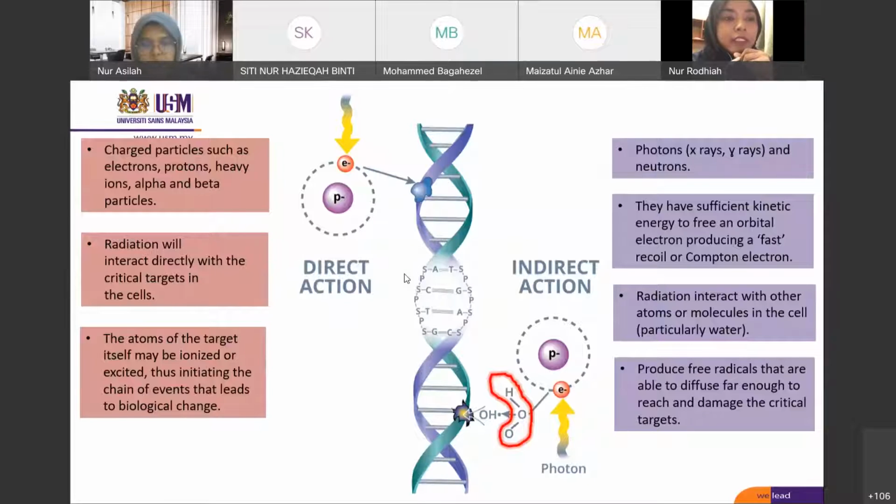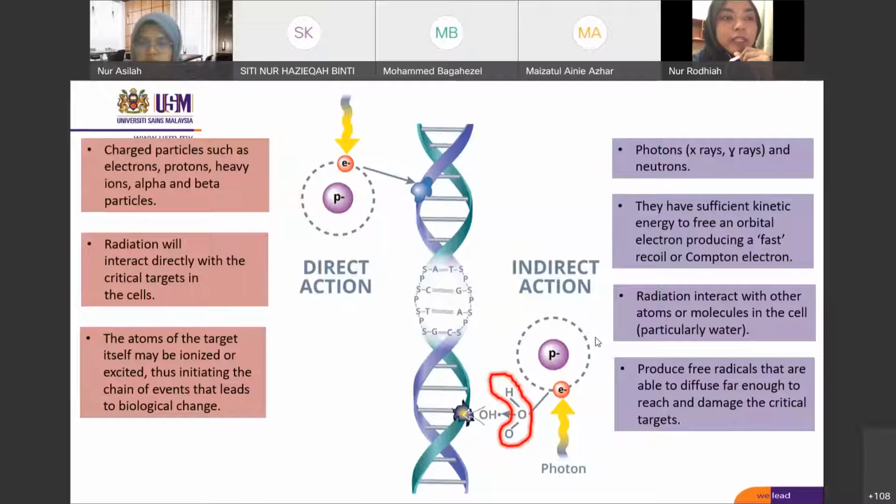While for indirect action, it involves X-ray, gamma ray, and neutron. They have sufficient kinetic energy to free an orbital electron, producing a fast recoil or Compton electron. According to the International Atomic Energy Agency, about 2/3 of the damage caused by X-ray is due to indirect action.